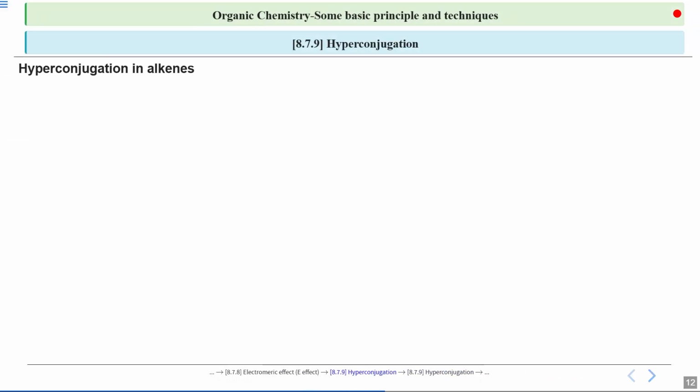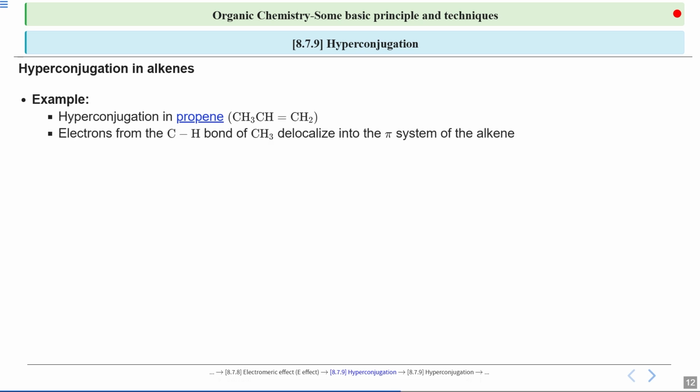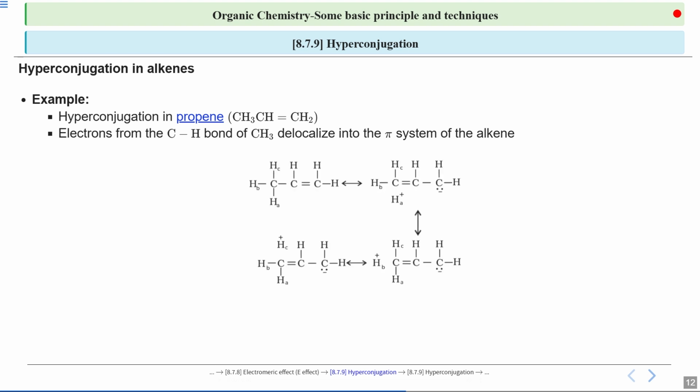Moving further, we will see hyperconjugation in the case of alkenes. For example, if we take propene, then there will be delocalization of CH bond sigma electrons onto the pi system of the alkene. Here's an example of that.